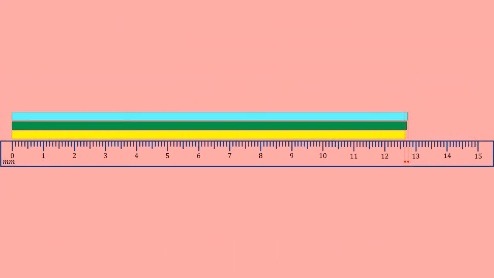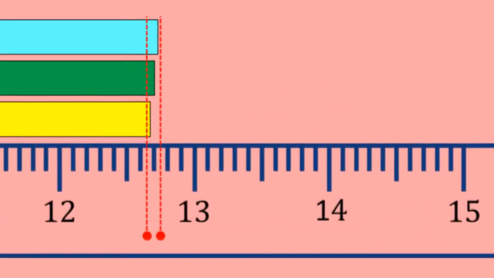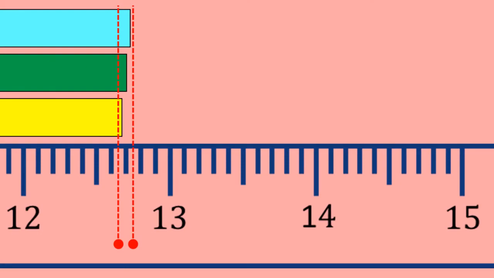Now let's find the lengths of these three sticks: the yellow stick, the green stick, and the sky blue stick. In millimeters, it is 120, 121, 122, 123, 124, 125, 126, 127.